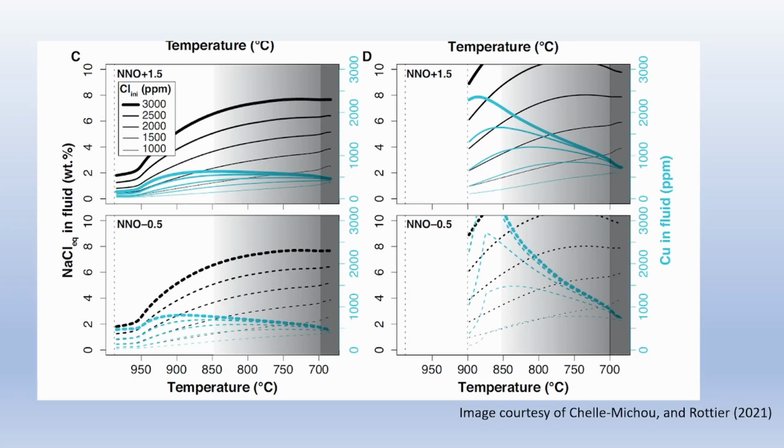If your magma starts with enough chlorine and just the right oxygen balance, not too oxidized, not too reduced, you generate fluids that are salty and copper-rich and capable of transporting metals efficiently into the crust. And that's how giant porphyry copper deposits get started, not just from the heat and pressure, but from precise chemistry and timing.